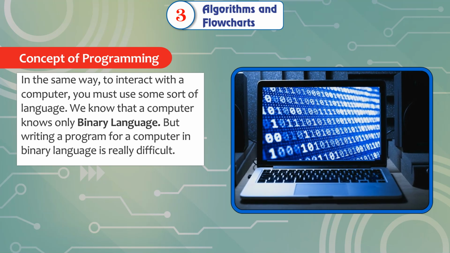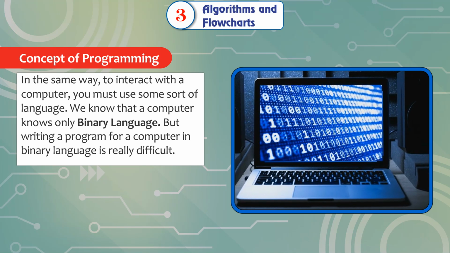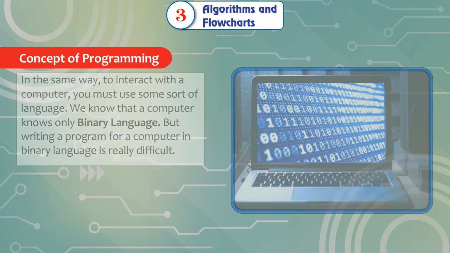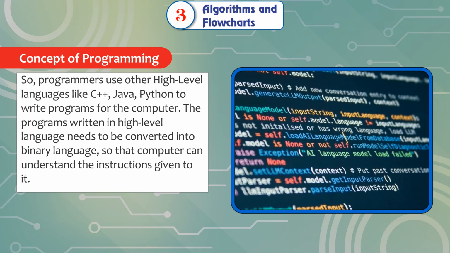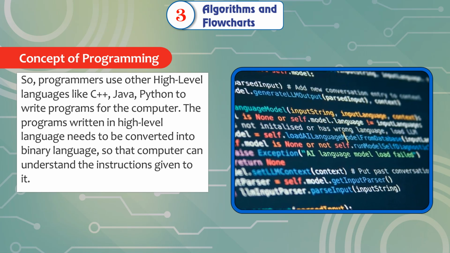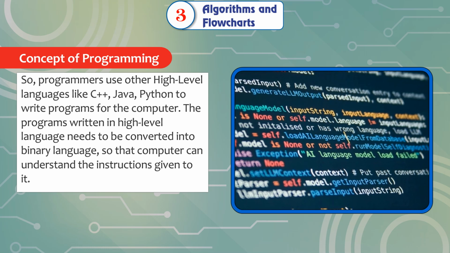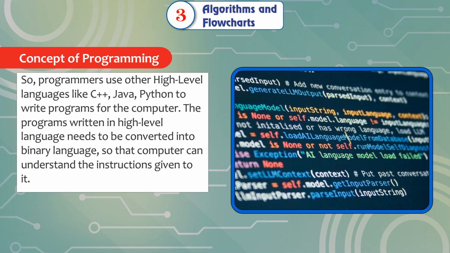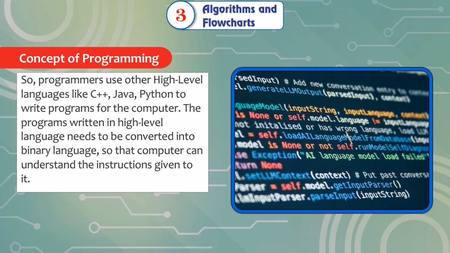We know that a computer knows only binary language, but writing a program for a computer in binary language is really difficult. So programmers use other high-level languages like C++, Java, Python to write programs for the computer. The programs written in a high-level language need to be converted into binary language so that the computer can understand the instructions given to it.